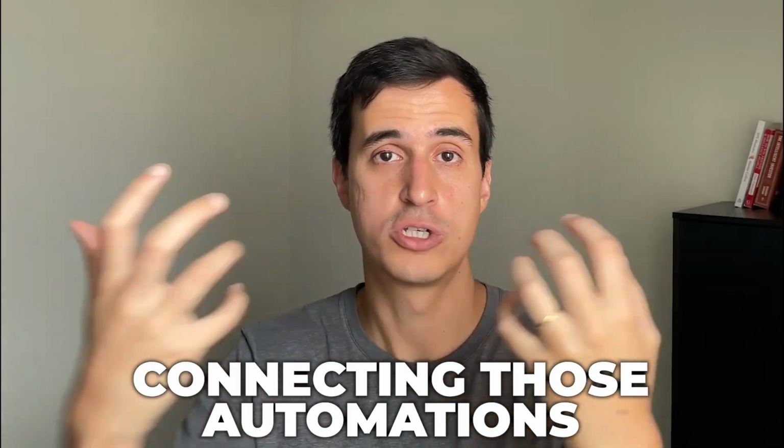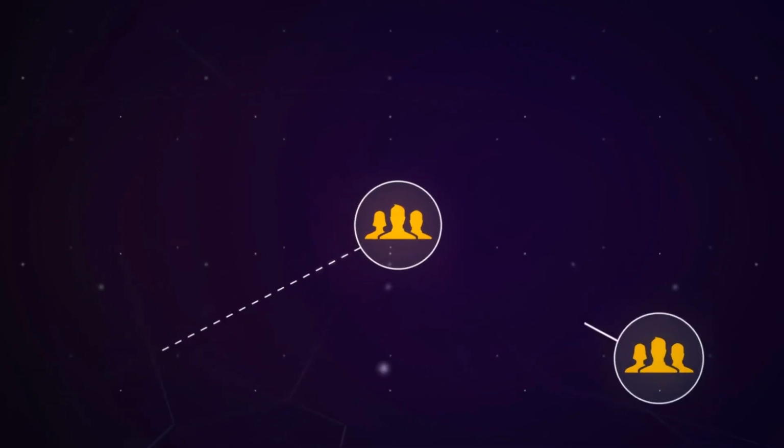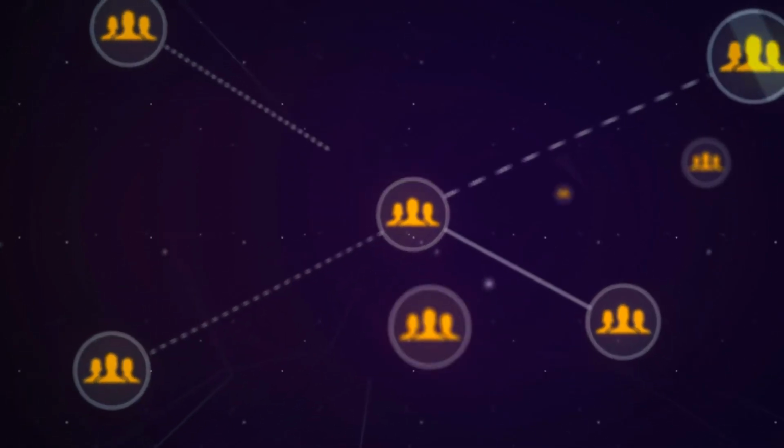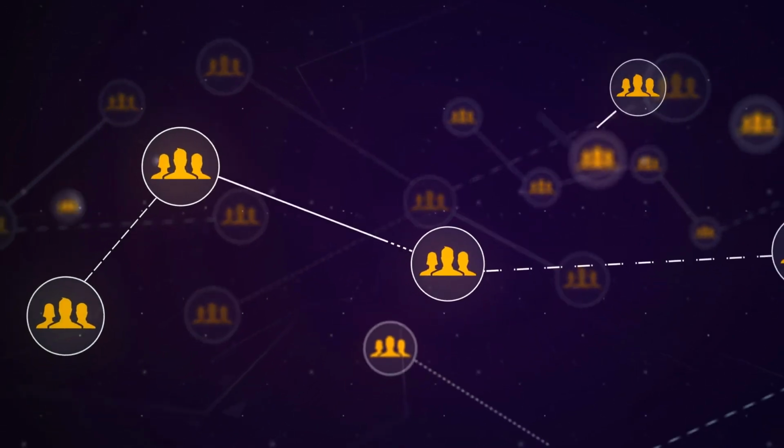Once you start automating different processes, and especially once you start connecting those automations into one big system, that's when you're going to start seeing everything that automation can do for your business. All the hours saved, all the scalability that you can have in your business, it's going to happen once you have this full system running for your company.